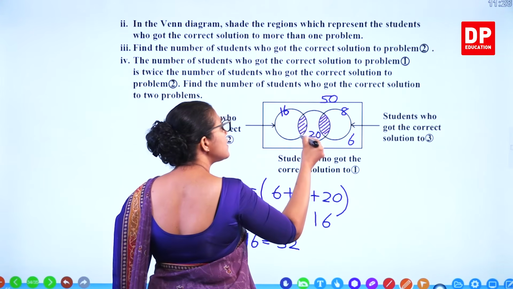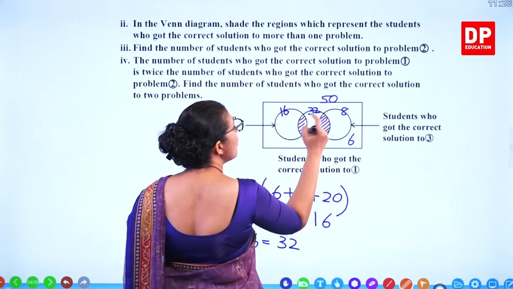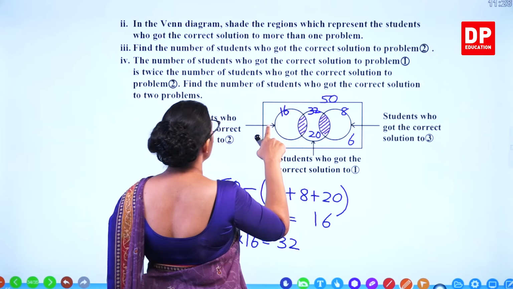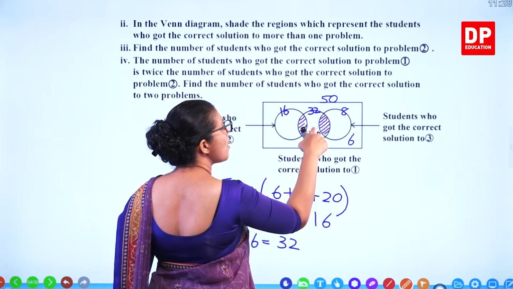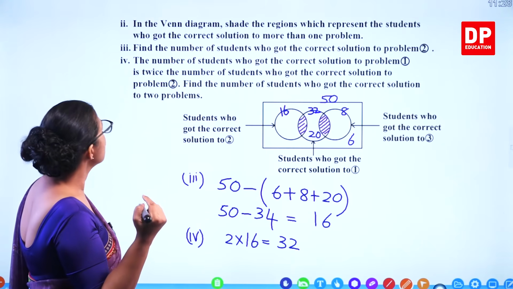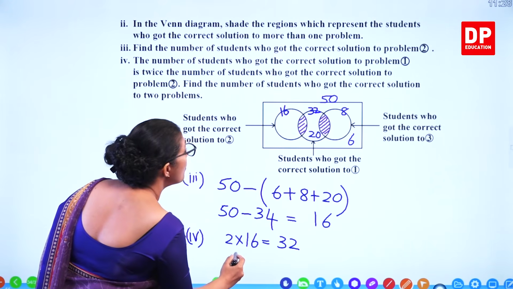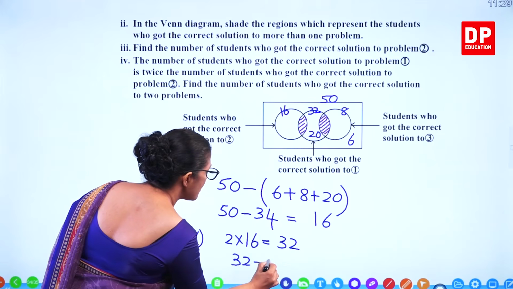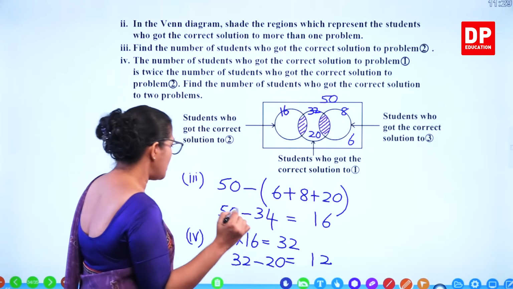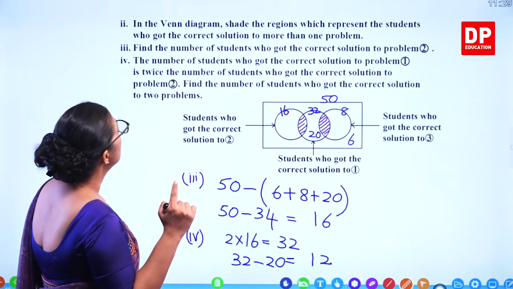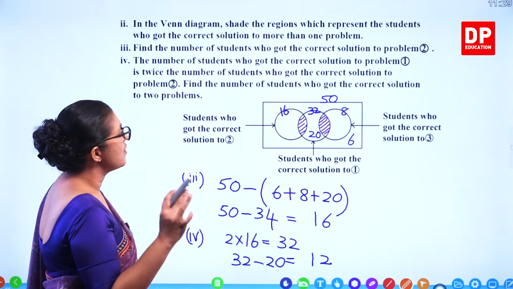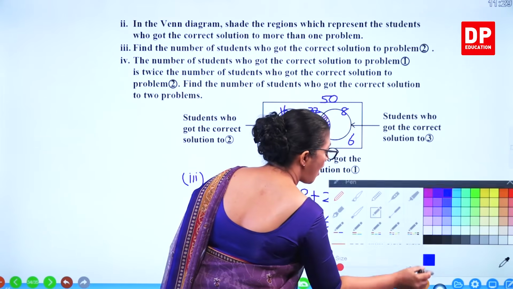So here the whole circle is 32 now. What is this part? These two. This is question number 2 and 1. This is question number 1 and 3. So 32 minus 20, we get the answer for part 4. So 32 minus 20. 12 students who got the correct solution to 2 problems. So this time not a hard question.